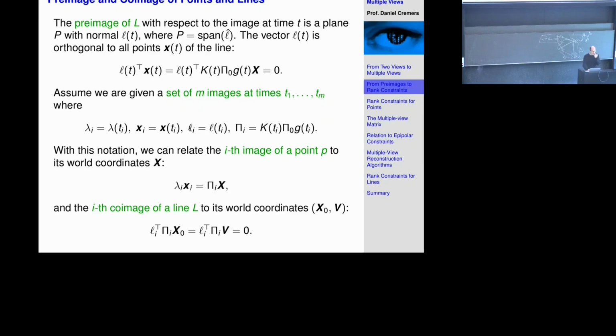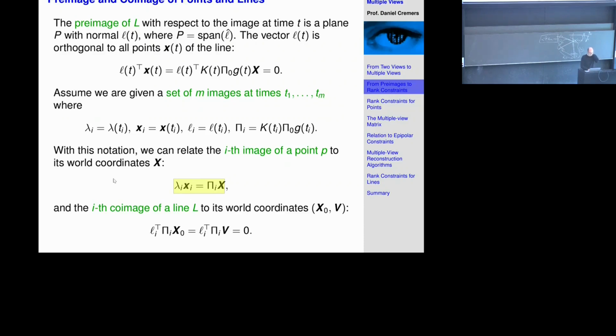Li is the normal vector on the plane at time t, and lambda i is the depth of the point at time t. And so with this notation, the projection of a point P in its world coordinates into the image can be written like that. Some projection matrix gives you the 2D coordinate up to scale lambda i.